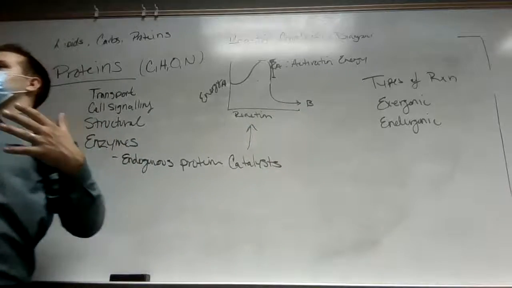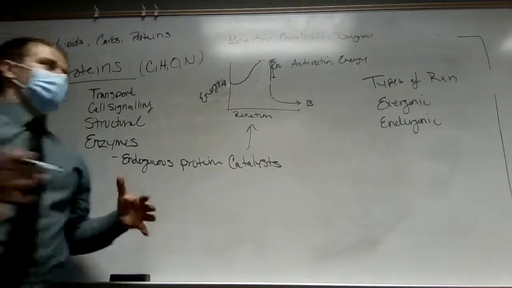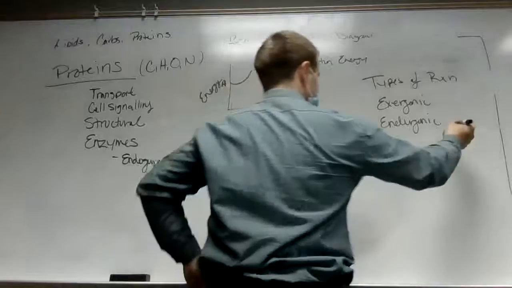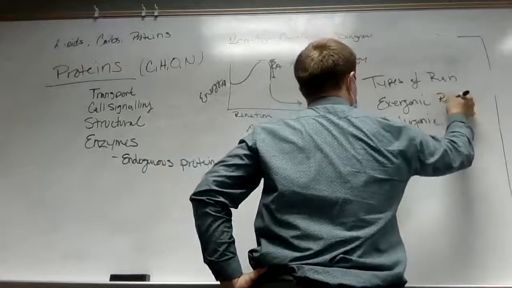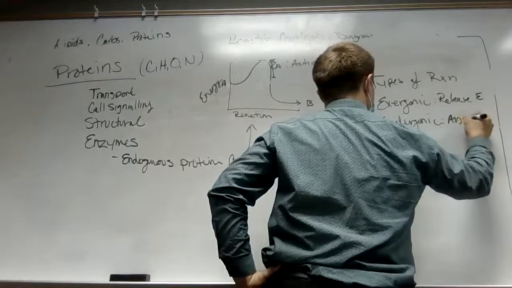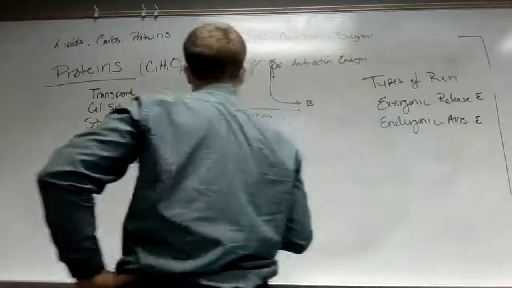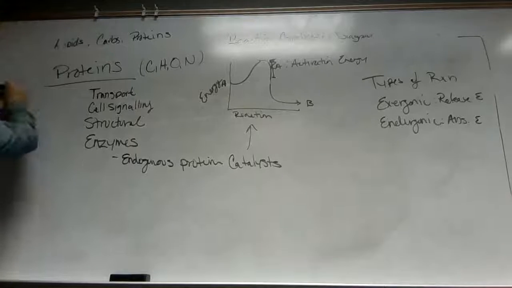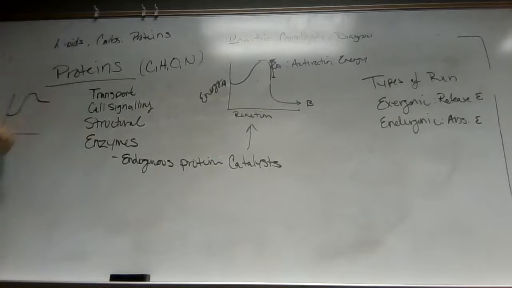So overall, it's released energy. If it's released energy, it is exergonic. The other way around, if we had something that looked like this, that would be an endergonic reaction.